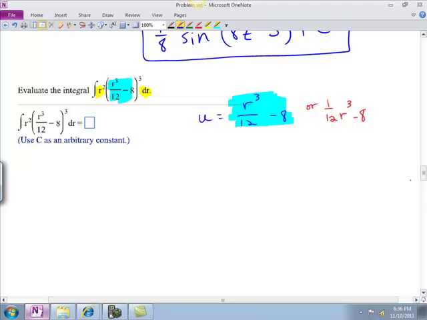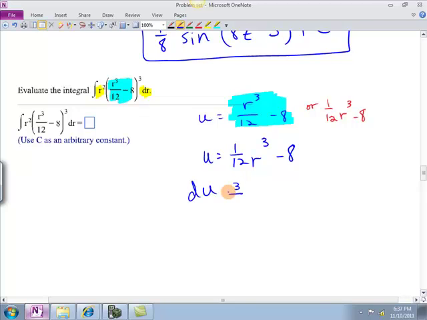Let's do this one. This is what's raised to a power, so if u equals r cubed over 12 minus 8, I would write that like this then. It's easier to take the derivative if you have it like that. So I'll write it one time here: 1/12 r cubed minus 8. So what would du be? 3/12 or 1/4.